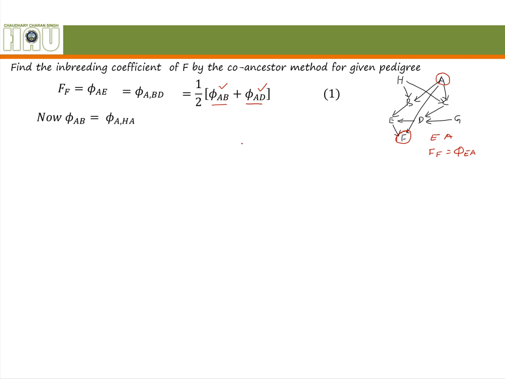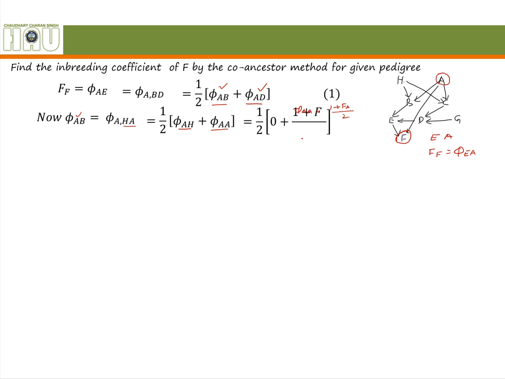Now phi AB is, since we have no information about the parents of A, but B has two parents, H and A. So I substitute H and A here. Again apply the formula: it is phi AH plus phi AA. Now this phi AA by definition is given by (1 plus f of A) by 2.